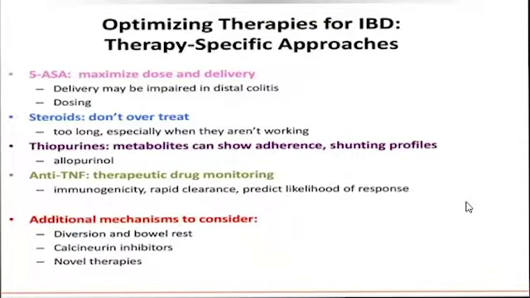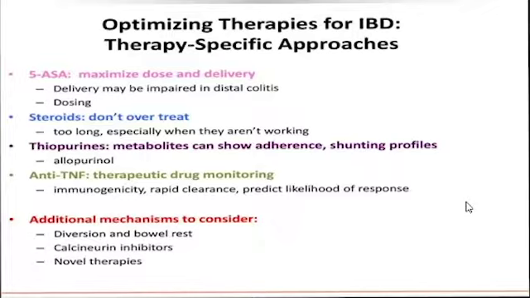We need to optimize the therapies of IBD. Specific approach to therapies: 5-ASA, maximize the dose and delivery. Delivery may be impaired in distal colitis, which is why you need to add topical therapy as well, along with the dose of medication. Steroid: we don't want it used for too long, and we don't want to treat the patient with steroid.